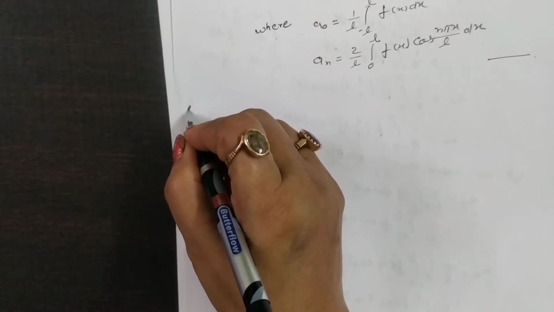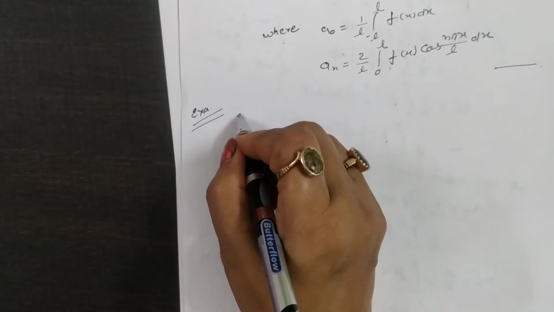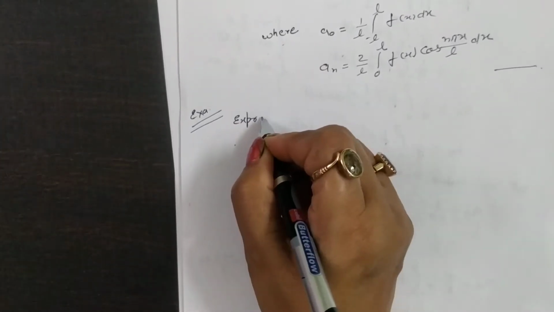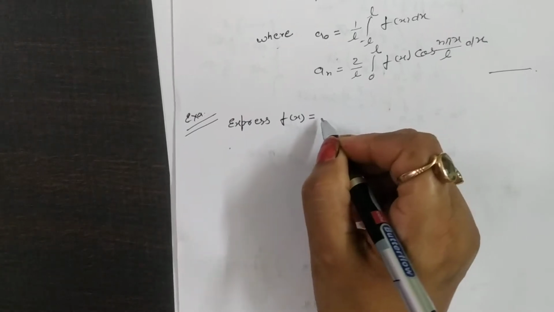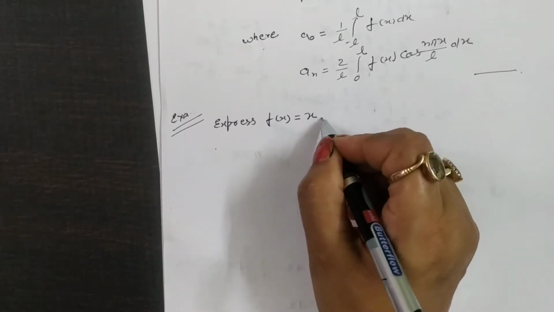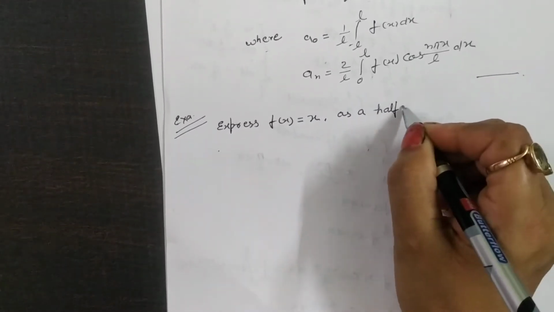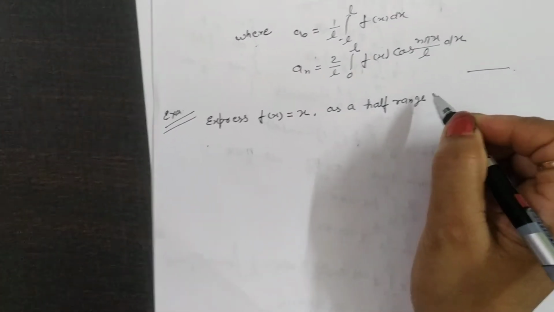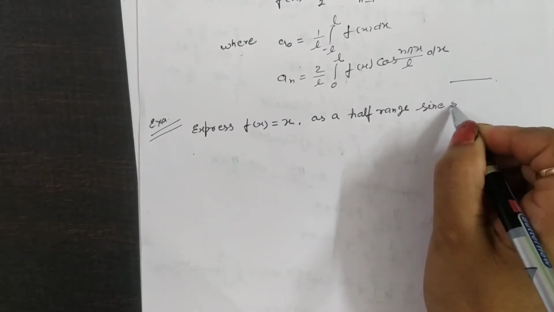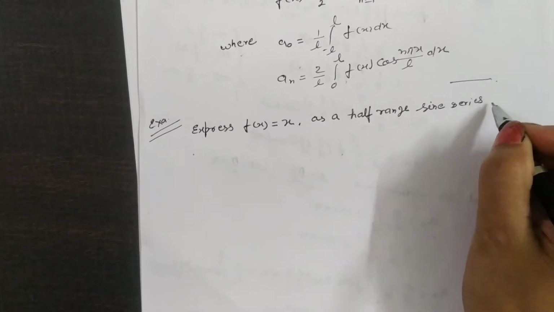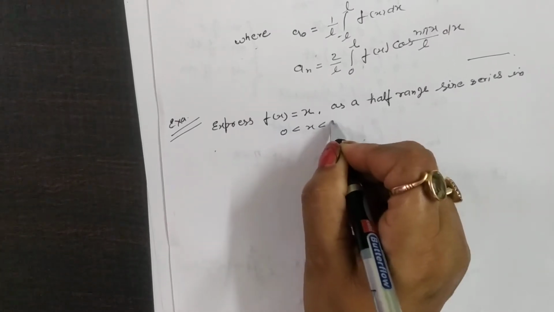The example is: express f of x is equal to x as a half range sine series in the interval 0 is less than x is less than 2.